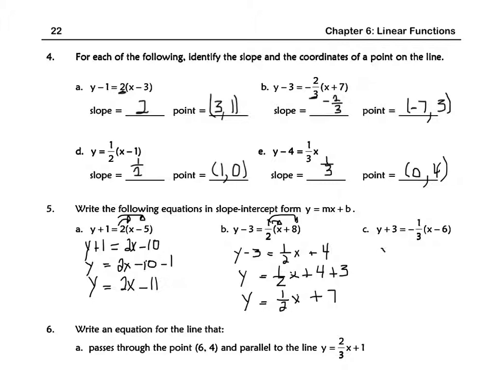And this one here, you're going to distribute the negative a third. And then negative a third times negative 6 is going to be plus 2, because that will become positive 6 over 3, which is 2. And then that would be y equals negative a third x plus 2 minus 3.